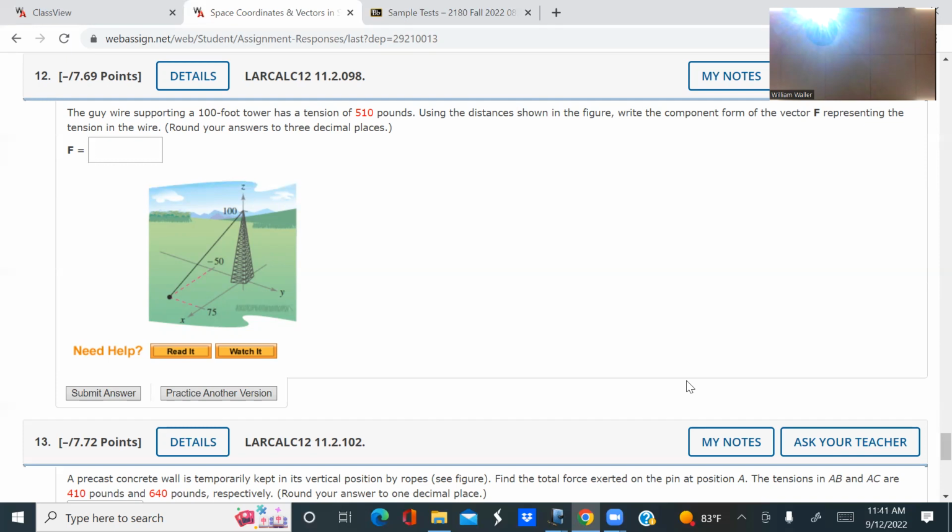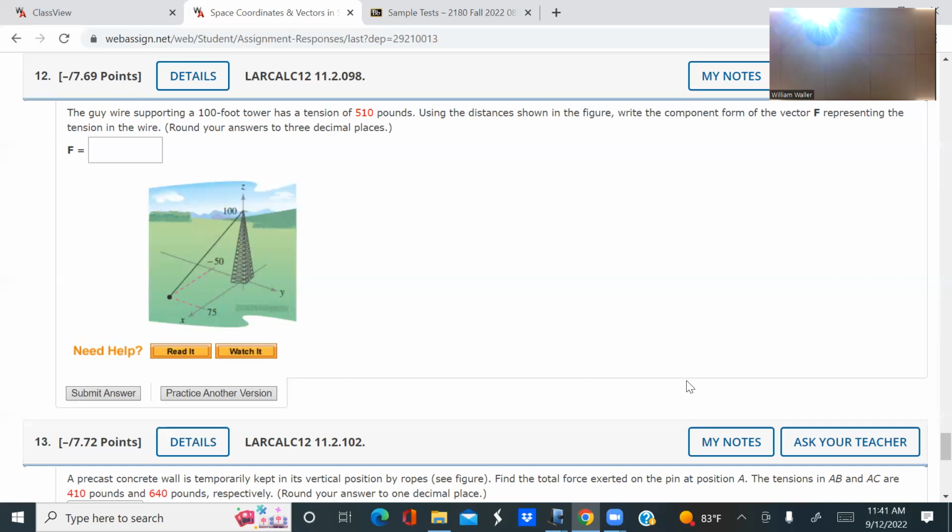This distance is 75 feet, and this distance is 50. Then the height of the tower is fixed. But notice the way they've got the axes drawn here. This is a first coordinate perspective, the positive part of the x-axis.